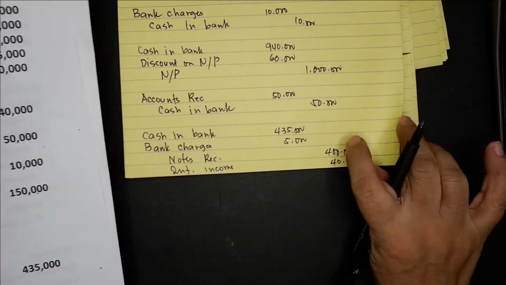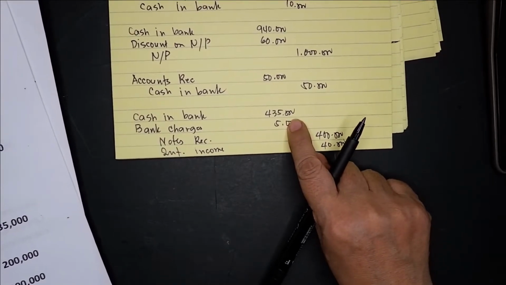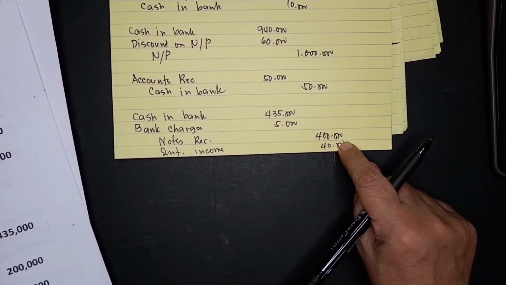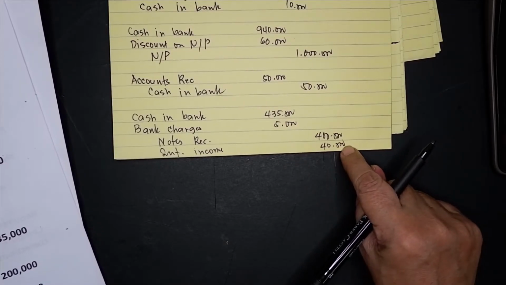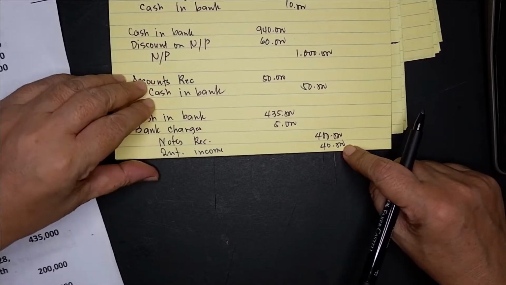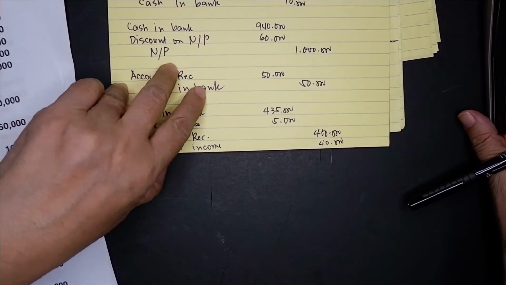So our entry: debit cash in bank 435,000, debit again bank charges of 5,000, and credit notes receivable 400,000 and interest income of 40,000.